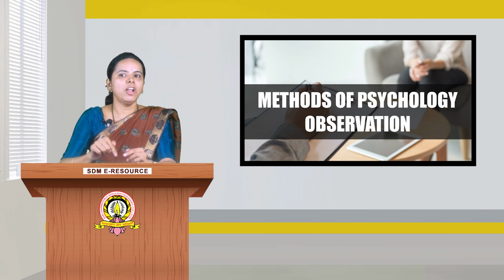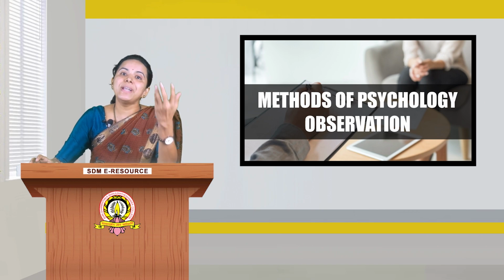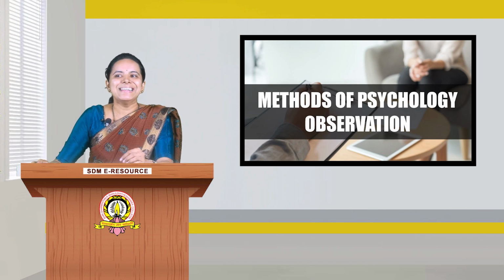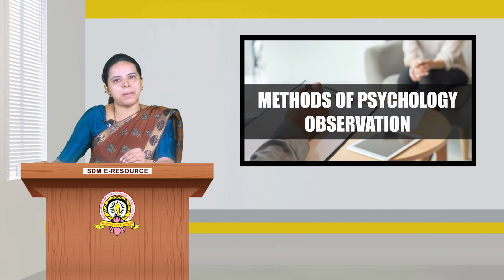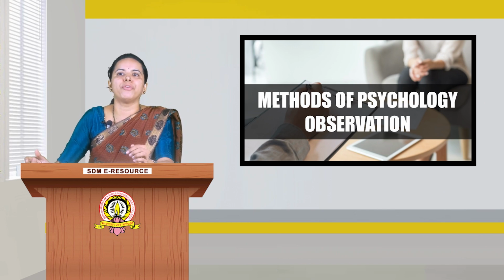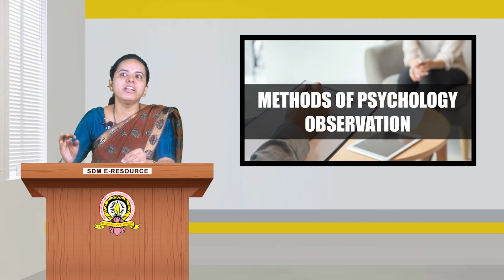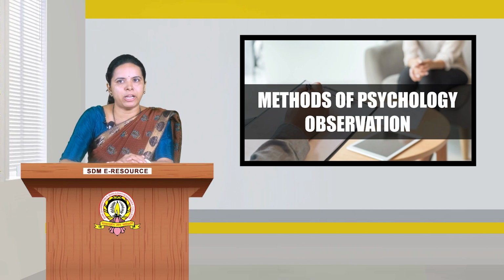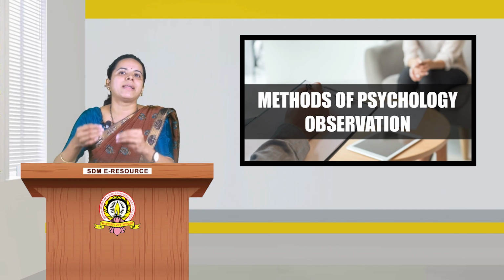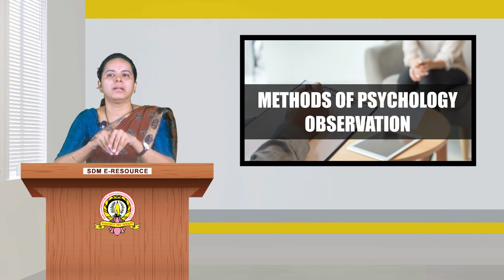More than one observer records what is observed and the recorded information is compared. So, if observers do not agree with most of the information in the recordings, the results are less reliable.